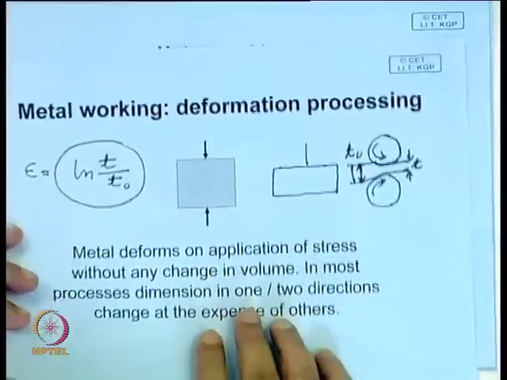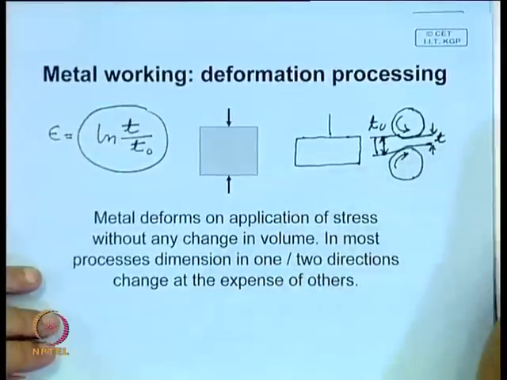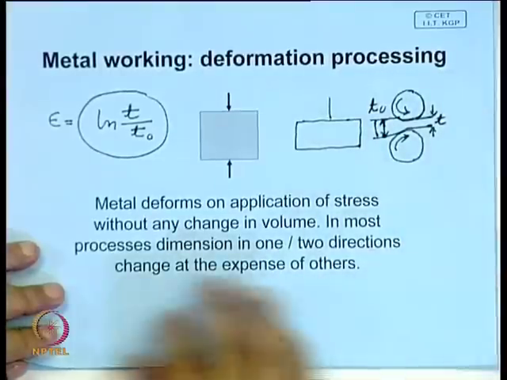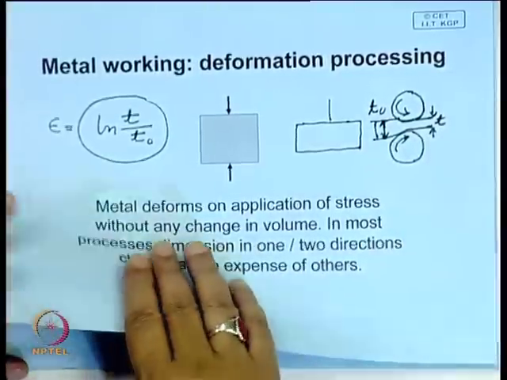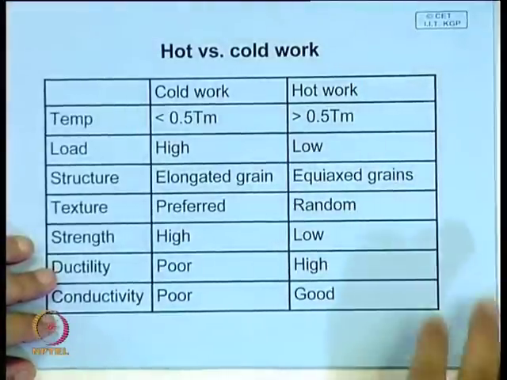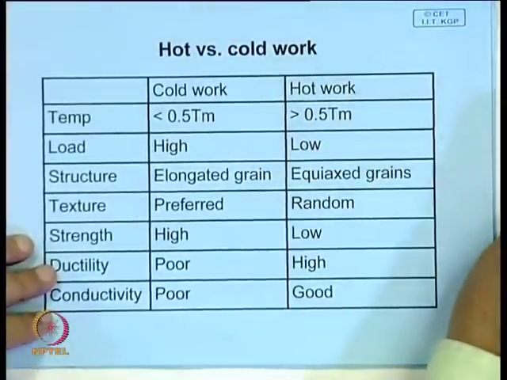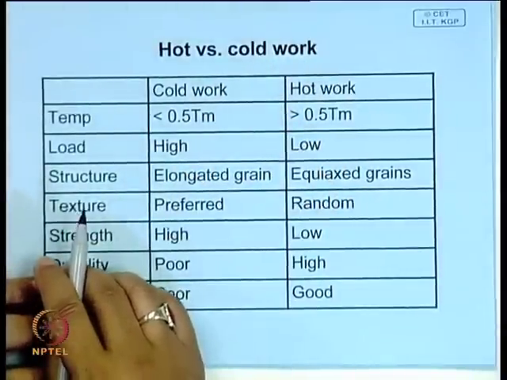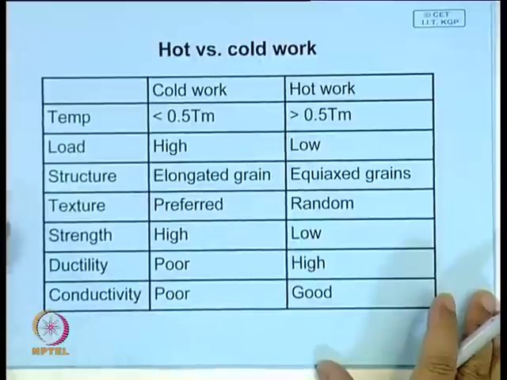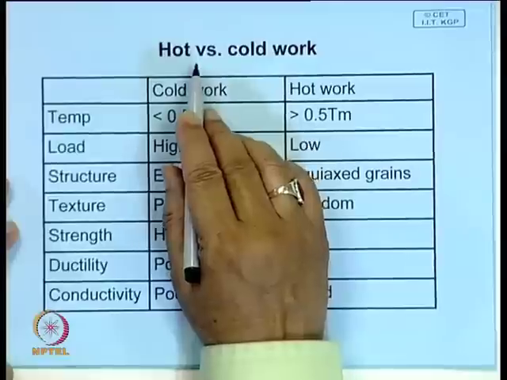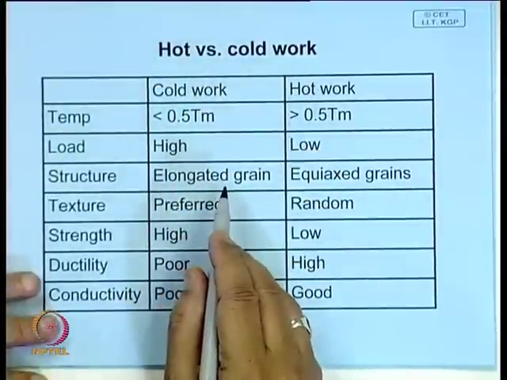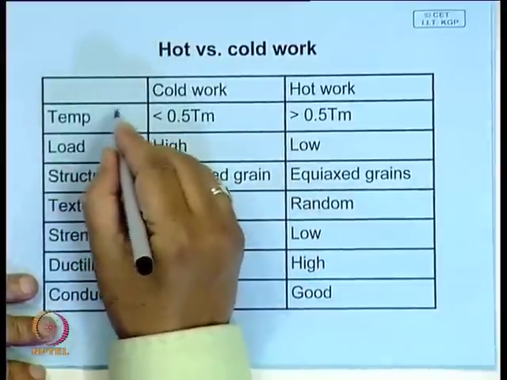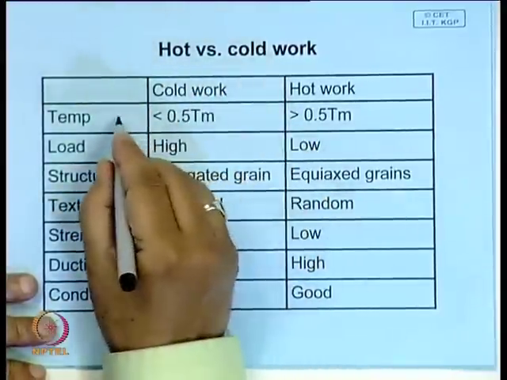Now, let us see that this type of processing can be done either at room temperature or low temperature, or at high temperature. If it is done at high temperature, we usually call it hot working, and if it is done at a low temperature, we call it cold working. And we looked at some of the structures that develop as a result of both cold and hot working, and we have seen that the concept of temperature to decide whether it is hot or cold work is relative.